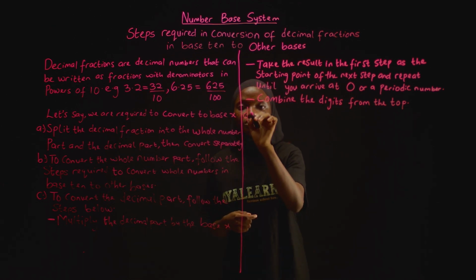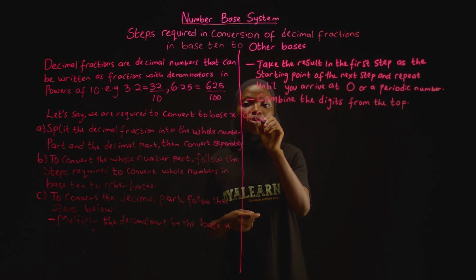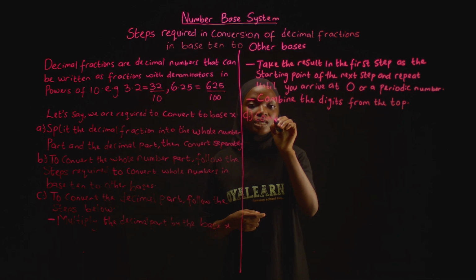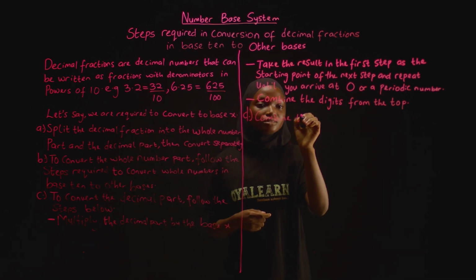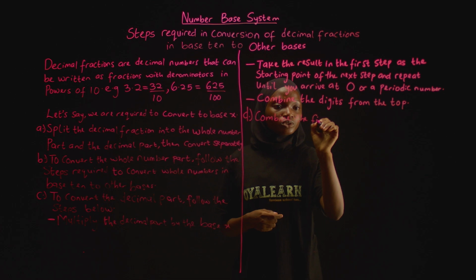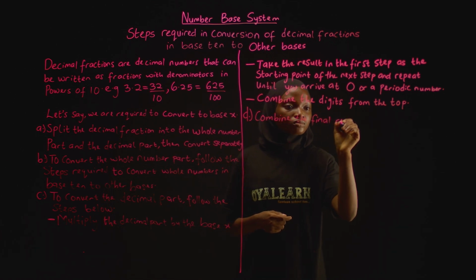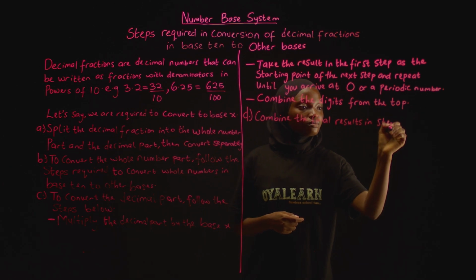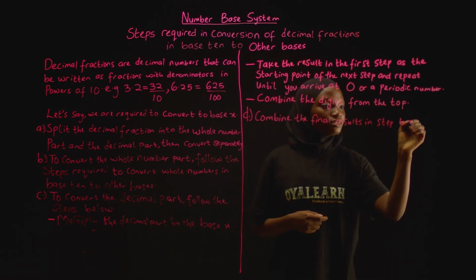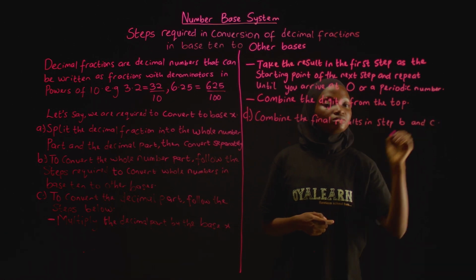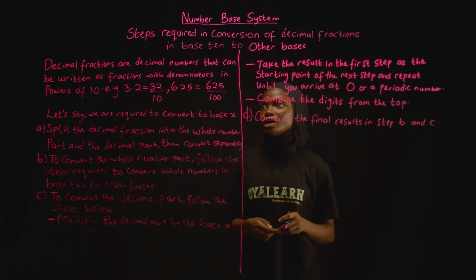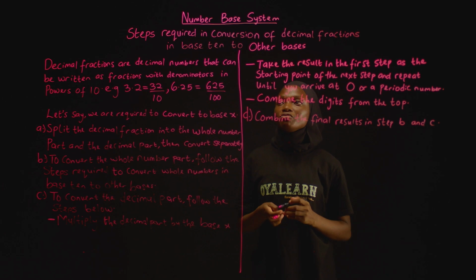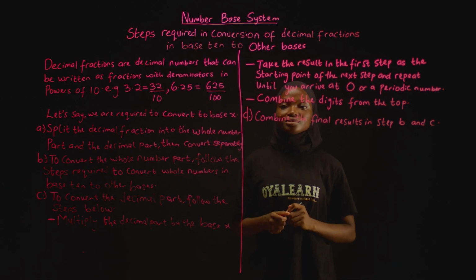Now the step D, combine the results in step B and C. Combine the final results in step B and C. And that's how to convert decimal fractions in base 10 to other bases. Thank you.